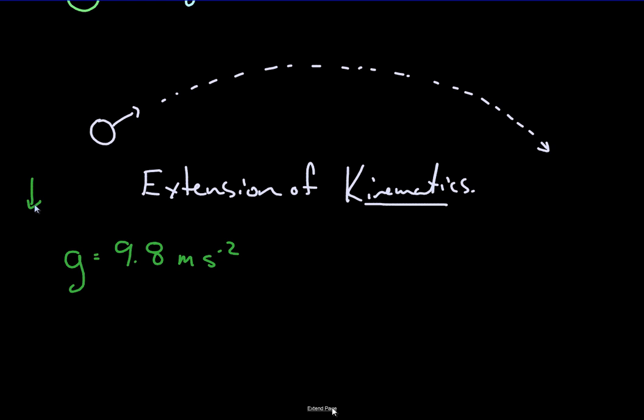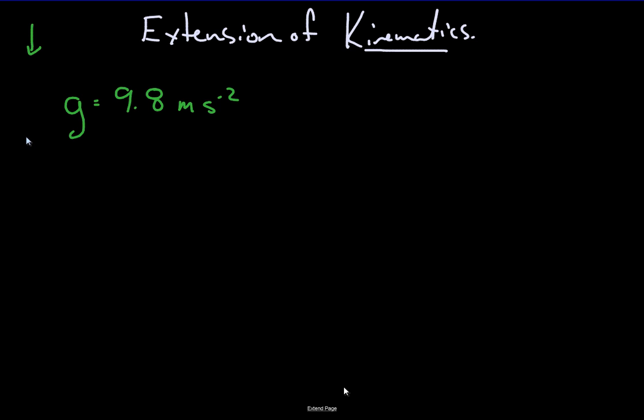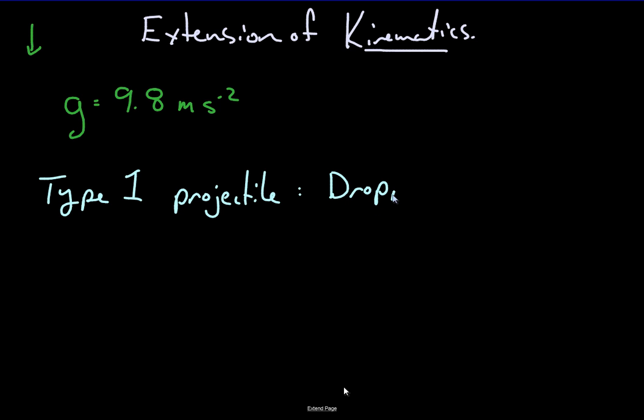So we have seen type 1 projectile, which is either a dropped or tossed up object.